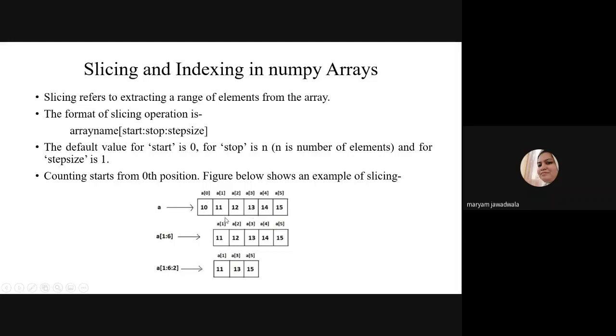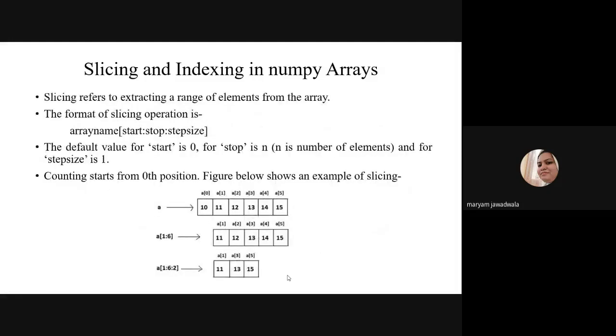So my second element is 11, and the position of 11 is 1. So 1 plus 2, which index will be displayed now? a[3], which is 13. Now 3 plus 2 is 5, which is 15, and this is my a[5], the last element. So this will be the output.